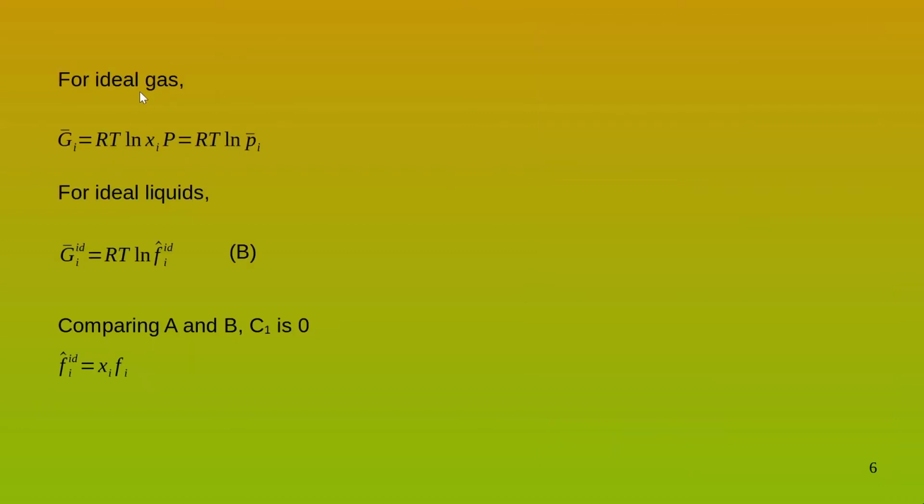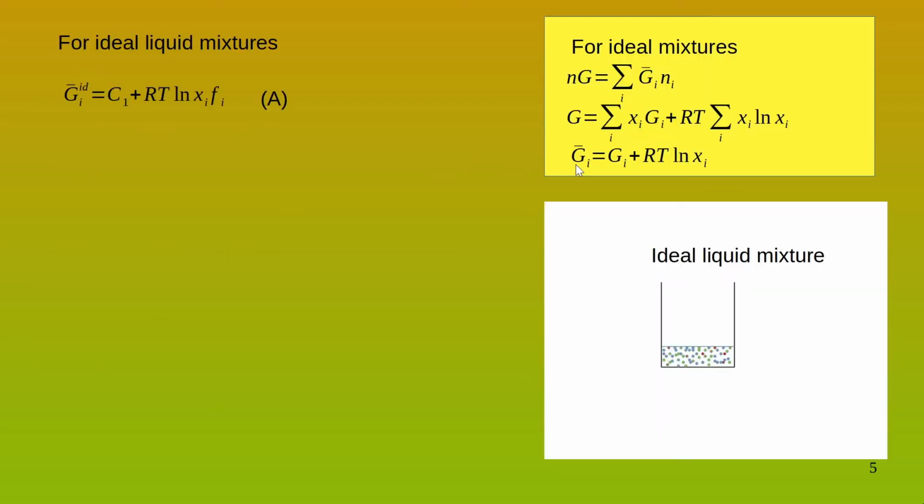Now for ideal gas, we have the partial Gibbs free energy of any component i is equal to RT ln xi P. Now this naturally comes from Gi can be written as RT ln P. Therefore, we get this equation, and xi into P, where P is the pressure of the mixture, is nothing but the partial pressure.